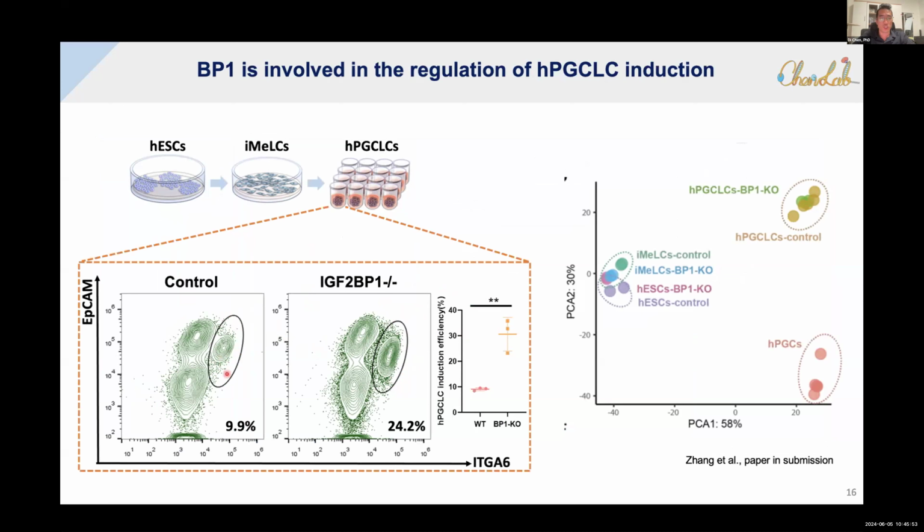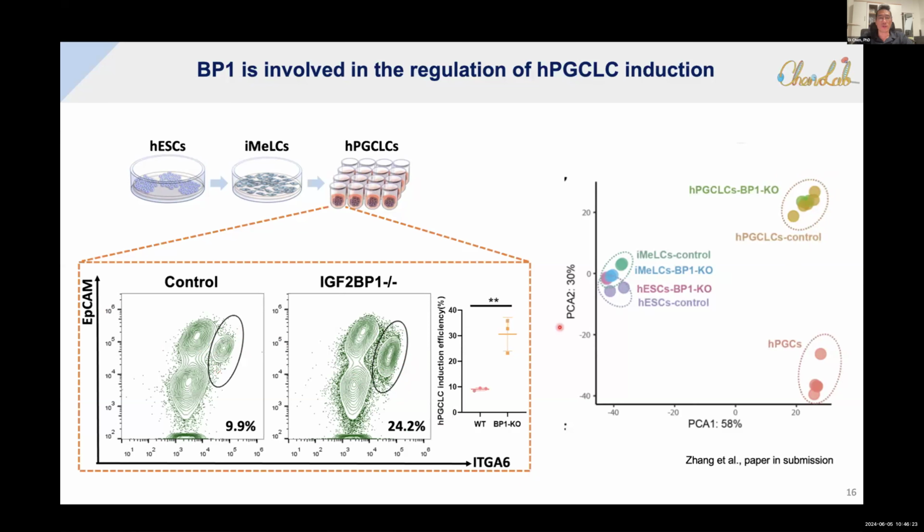Also, in order to check the cell phase of these PGC-like cells, we isolated these cells by FACS using the cell surface markers integrin alpha 6 and EpCAM. When we performed RNA sequencing of these control PGC-like cells and the BP1 knockout PGC-like cells, we found that they clustered with each other, and there are very few differentially expressed genes.